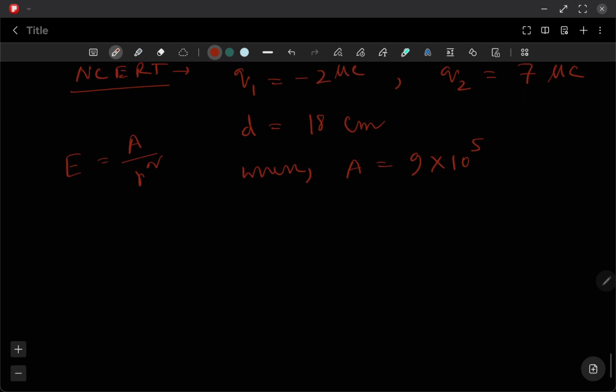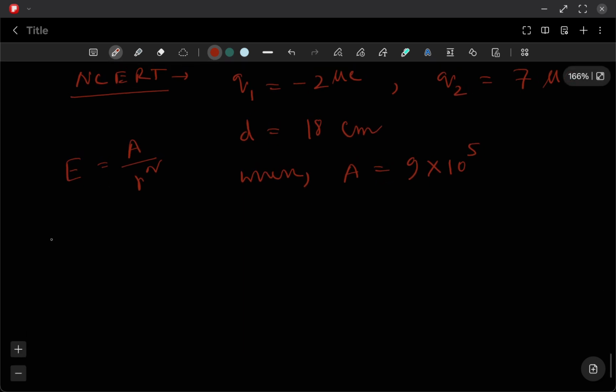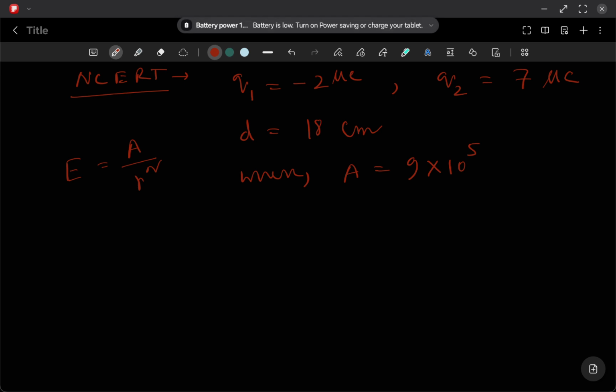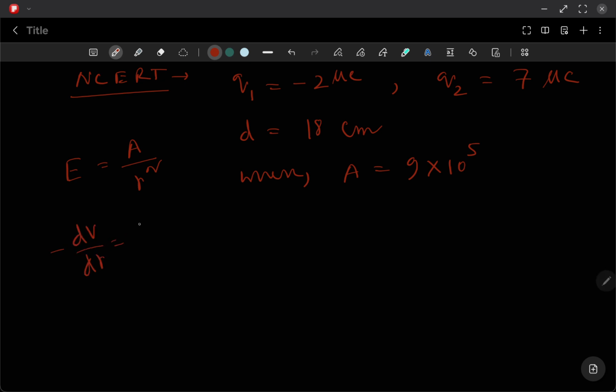E means minus dV by dr. So it is A dr by R square.